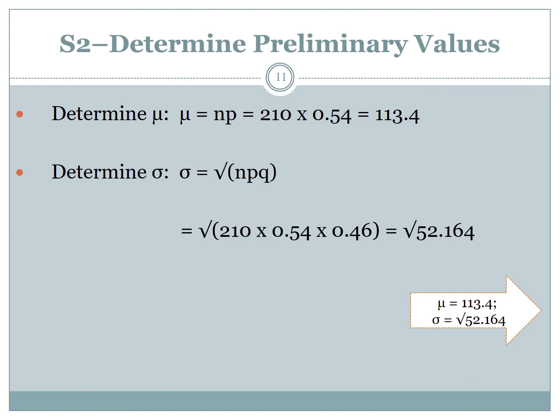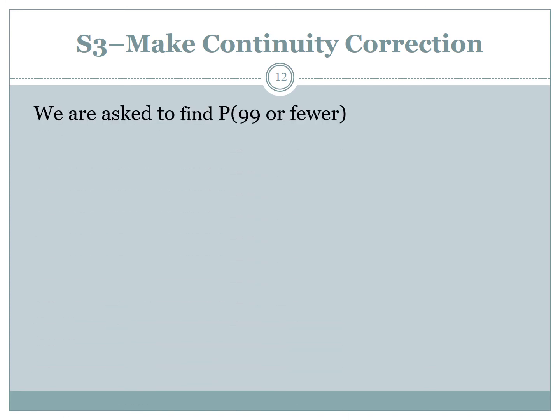Mu is 113.4 and sigma is the square root of 52.164. Please write these down. Mu equals 113.4. Yes. Sigma equals square root 52.164. Yes. Okay. So now we're going to make the continuity correction.